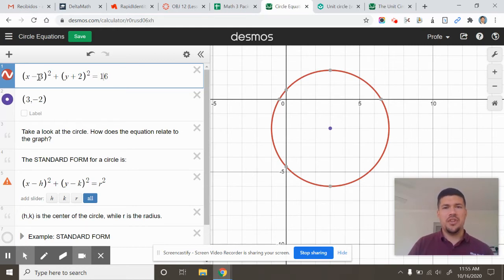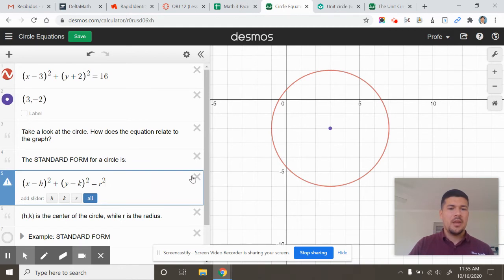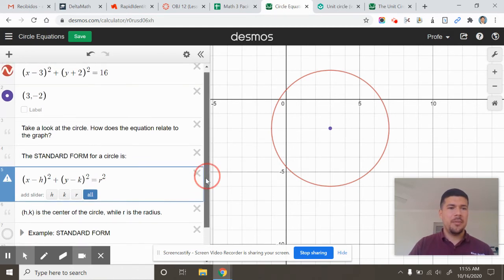If you think of x - 3 as a factor, the zero would be 3. And for the second one, y + 2, the zero would be -2. It turns out that (3, -2) is the center of the circle because in standard form, the number that you subtract from x and the number that you subtract from y, in other words, h and k, represent the center of the circle.